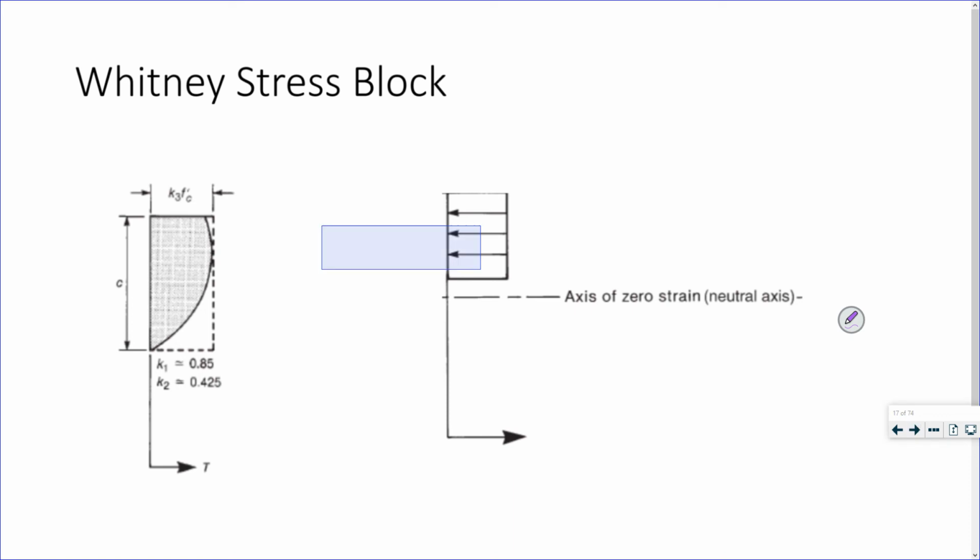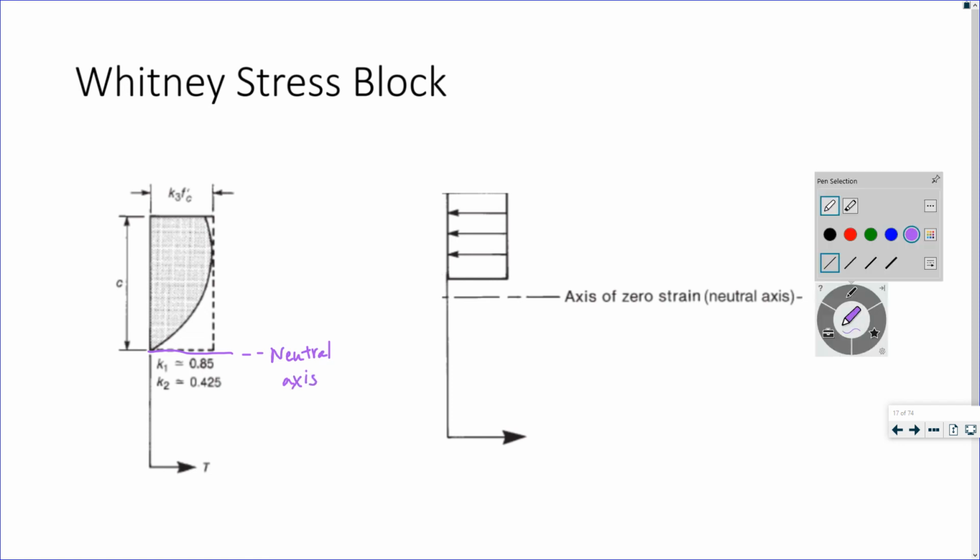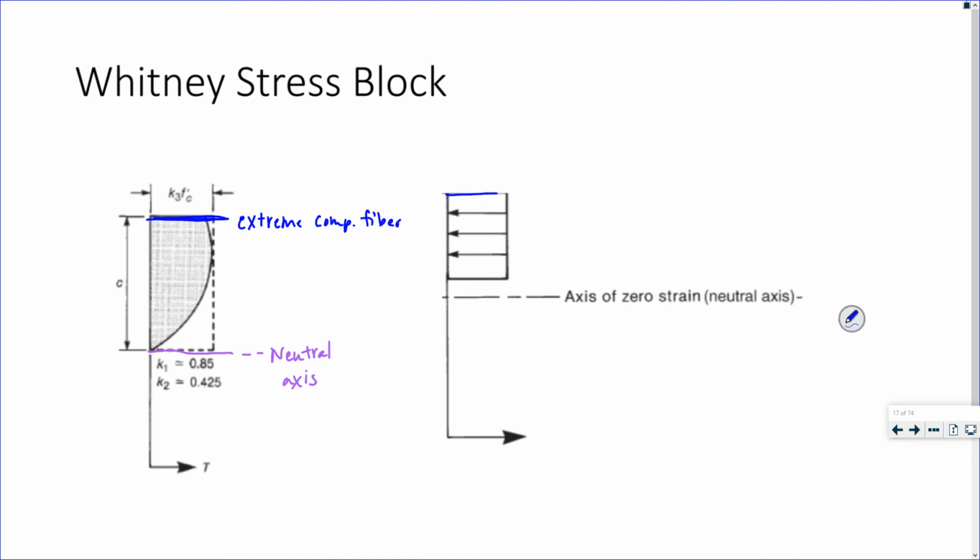If this is the actual neutral axis, the height of our Whitney stress block is going to be less than the distance from our extreme compression fibers.